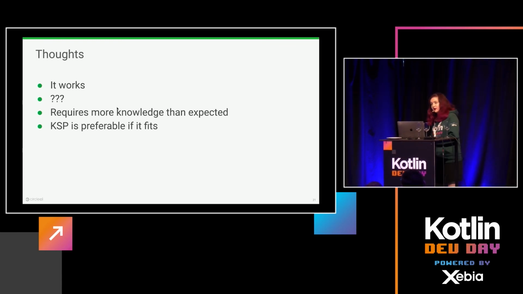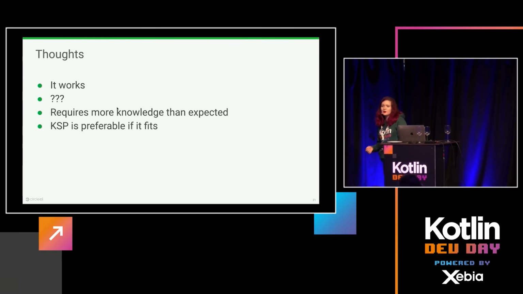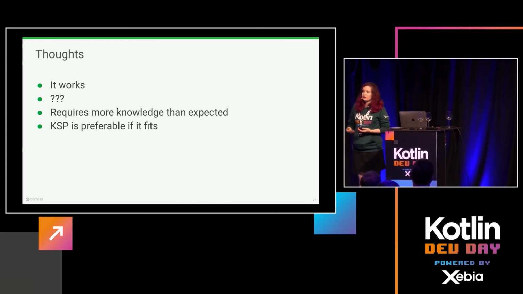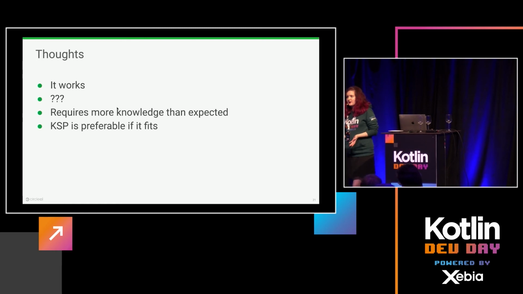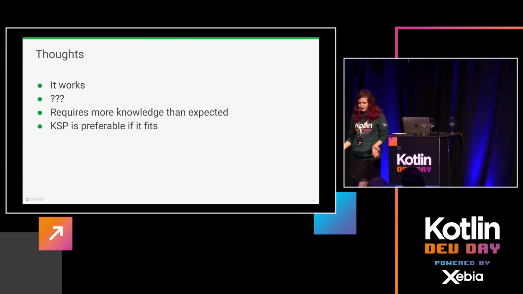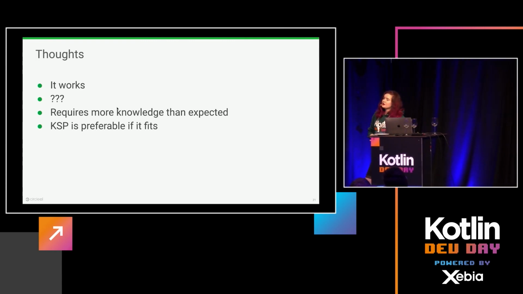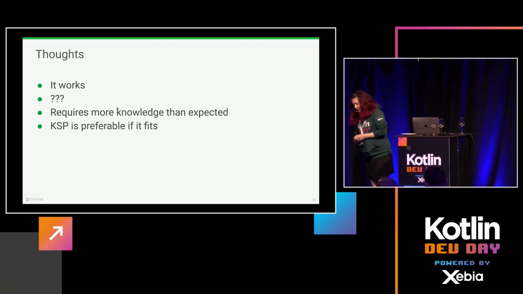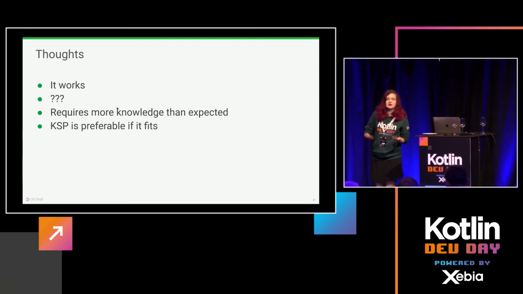How will it look in the future? That's the question. Since there are changes in Kotlin, I'm really looking forward to re-implementing Arrow Meta considering those changes, like replacing the quote mechanism with something else. What was interesting for me is that it still requires more knowledge than expected. Not Kotlin compiler level, but sometimes you have to understand your code more deeply than you may expect.